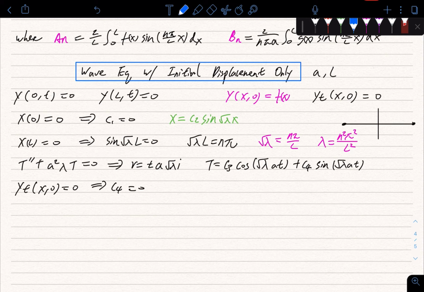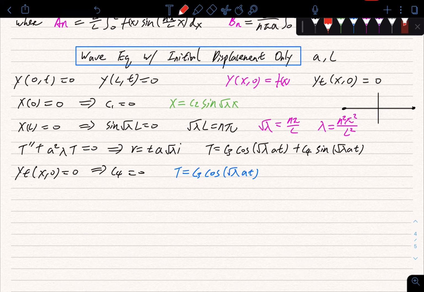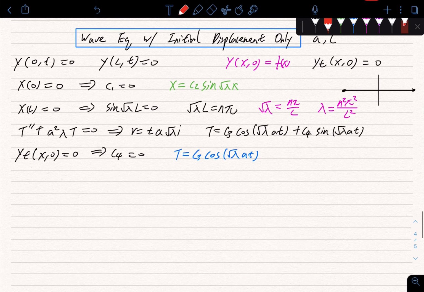So now we arrive at our final expression for t, and that is t equals c3 cosine square root of lambda at. All right, now let's formulate our solutions for our differential equation.